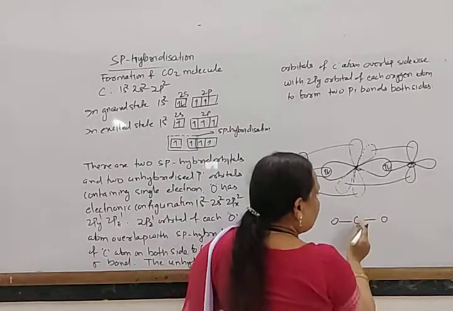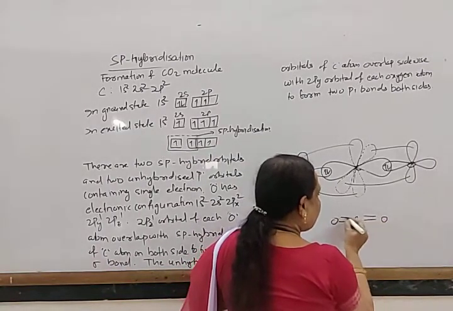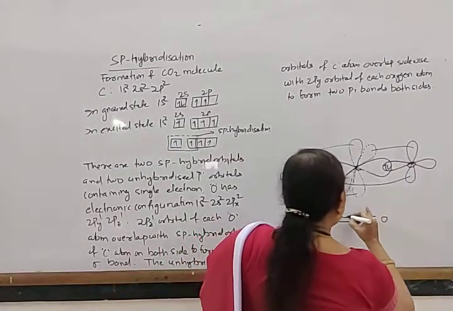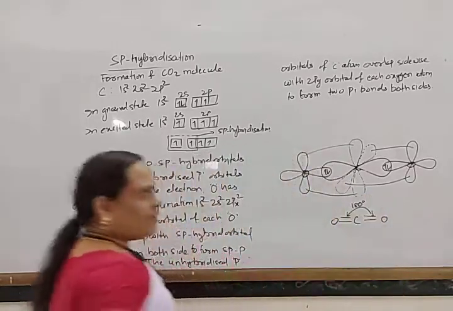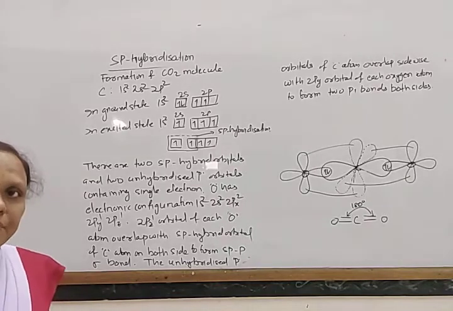So one sigma bond is formed between them, and a pi bond is formed on both sides. The bond angle here is equal to 180 degrees. This is the structure of carbon dioxide.